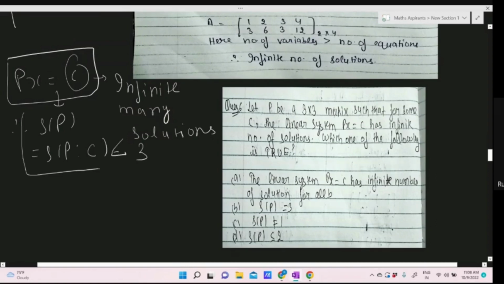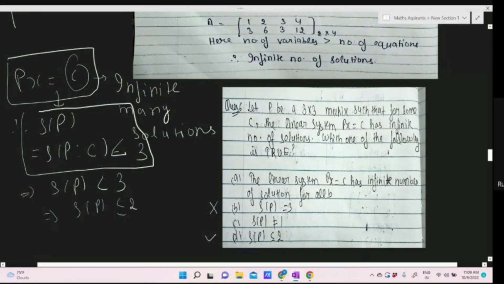For the case of infinite solutions, we have this condition. This implies rank of P is less than 3. Therefore, option number B is incorrect. From here we can say that rank of P is less than or equal to 2. Therefore, option number D becomes the correct option.